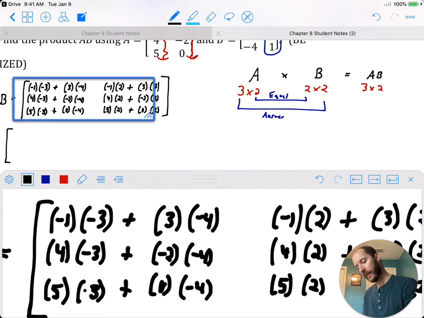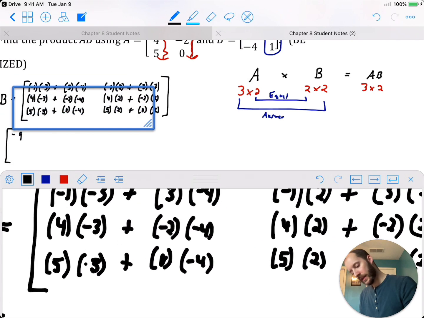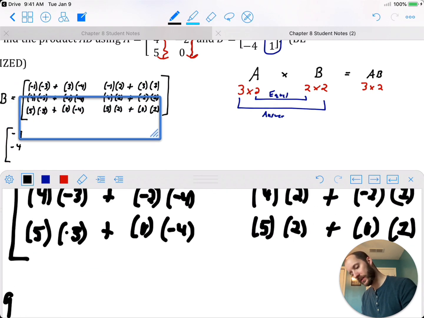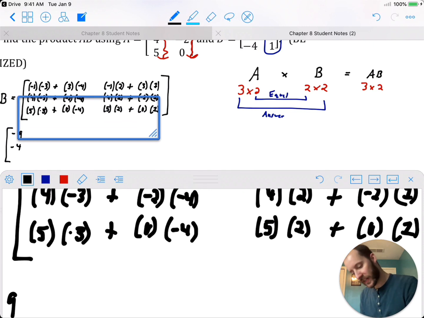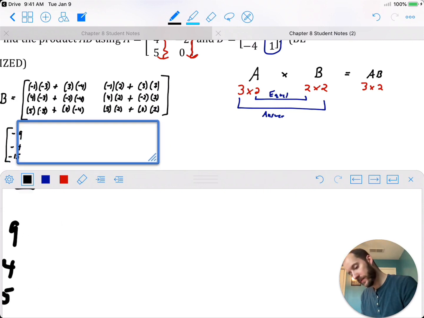So now I'm going to do a bunch of mental math. -3, -1 and -3 plus 3, -4. So 3 and -12. -9 and -12 and 8, -4, -15 is 0, -15.